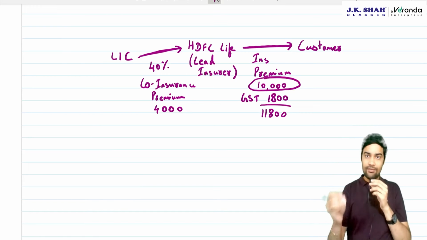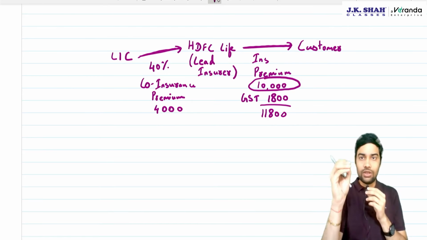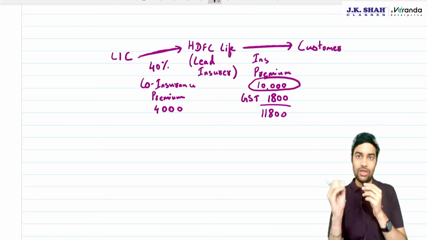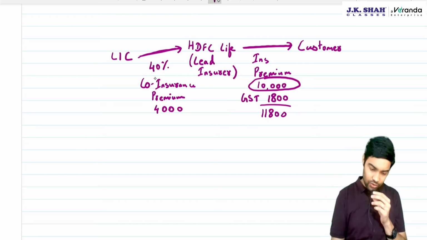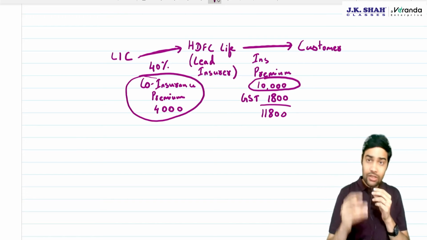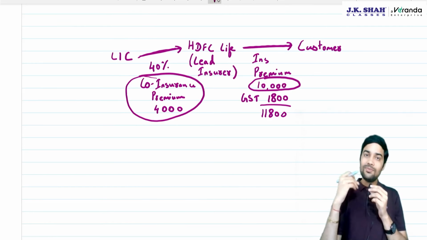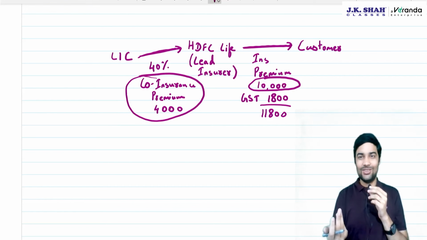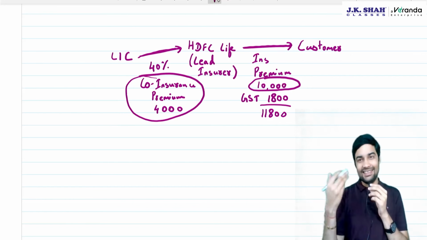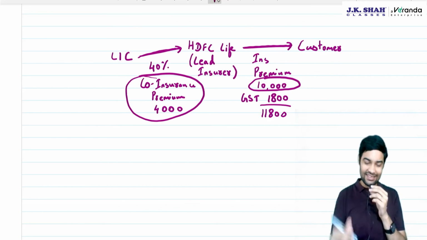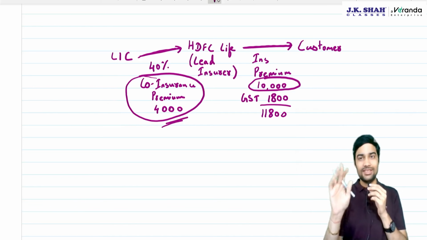Now the question is whether GST will apply on this 4,000 of co-insurance premium. This 4,000 of co-insurance premium, should LIC charge GST to HDFC Life? That was the question. Now, there were a lot of notices issued on LIC and other insurance companies saying that this should be liable to GST.